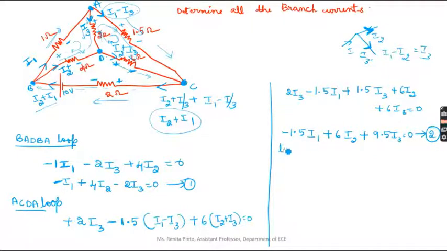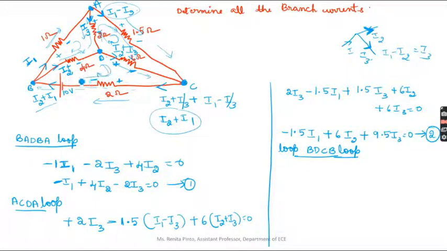Next I will put the KVL in the loop B, D, C, B. Again I'll start from one point. Let me go again in the clockwise direction itself. Let me start from the 4 ohm resistor.